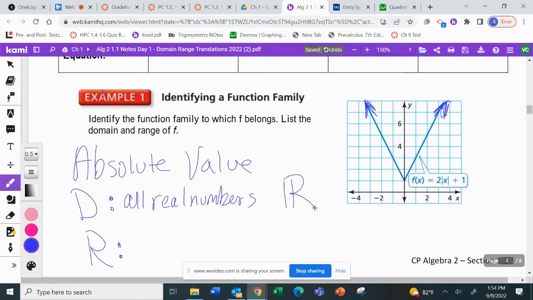Range. How low does it go? That is a y value because the range is the y's. So it goes down to 1. It goes up from there. So we're going to say that y is everything that's greater than or equal to 1. And that is domain and range.